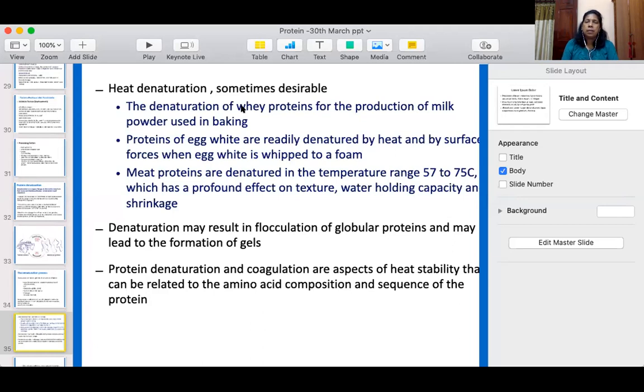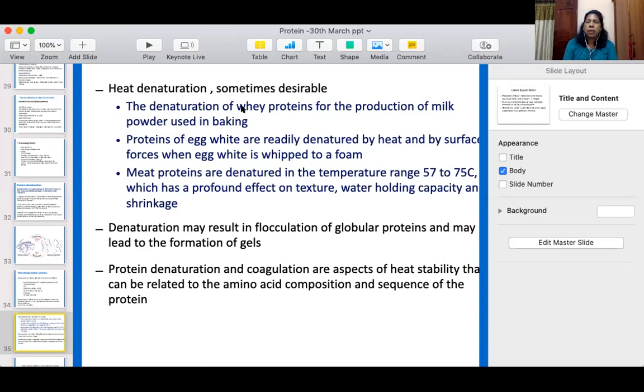The next point is denaturation may result in flocculation of globular protein and may lead to the formation of gel. Flocculation is getting together, and when the globular protein is getting together, it automatically entraps the water. That is the way that gels are forming, right?